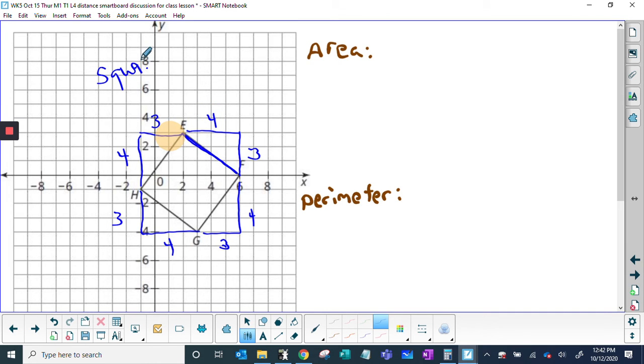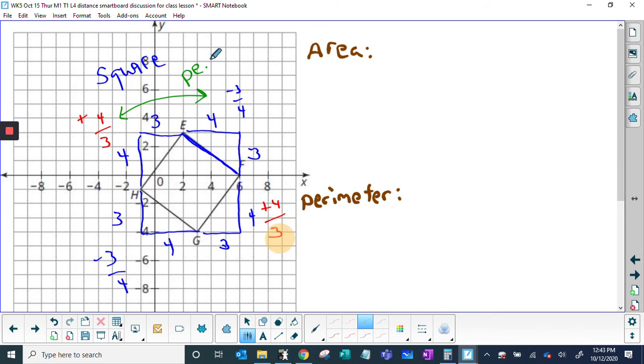We know we have a square because this is downhill, -3 over 4. This one's uphill, 4 over 3 in the positive. So we see the perpendicular. Opposite reciprocal.